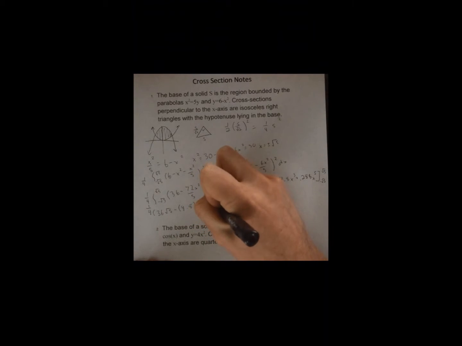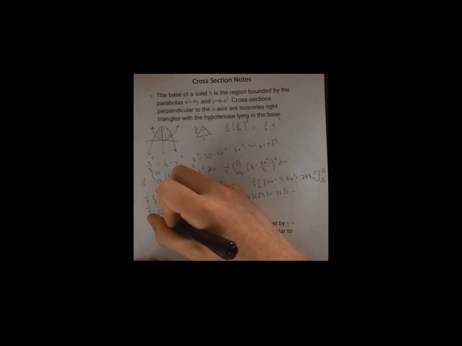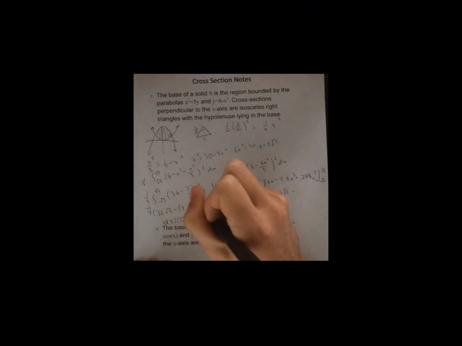Now we're plugging in our x points, and we'll get this really long equation, times 5 root 5 plus 2.88 root 5.